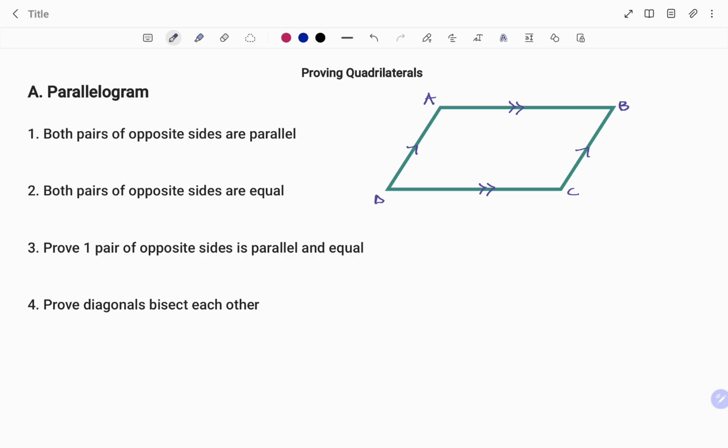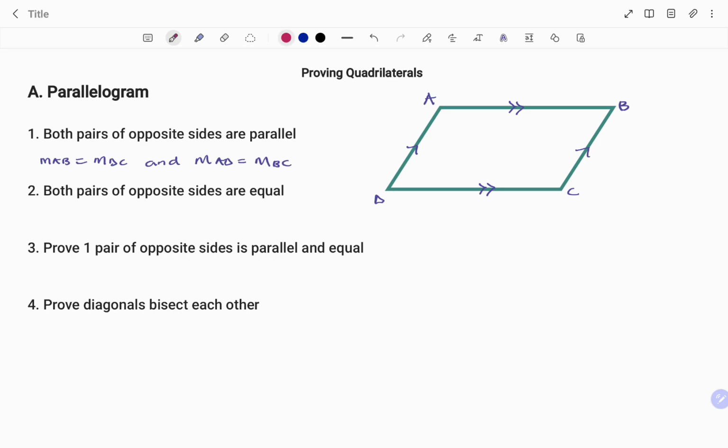What that means is I have MAB, that's the gradient of AB, is equal to the gradient of DC, and the gradient of AD is equal to the gradient of BC.